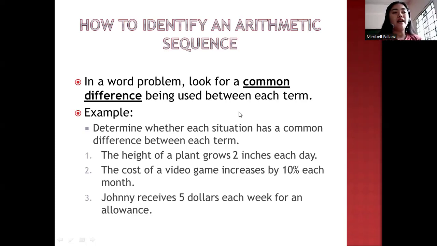Okay, number one, the height of a plant grows 2 inches each day. So this is an example of an arithmetic sequence. The plant grows 2 inches each day. Next, the cost increases by 10% each month. That one is not arithmetic, it increases by a percent.